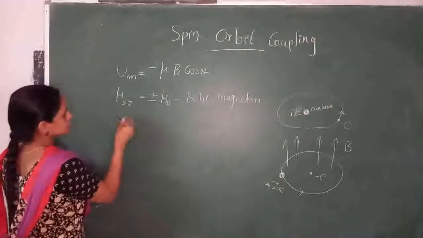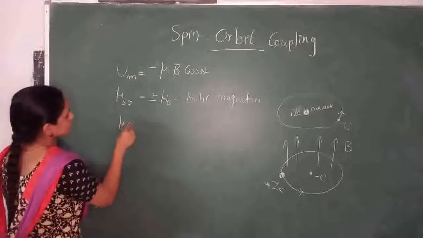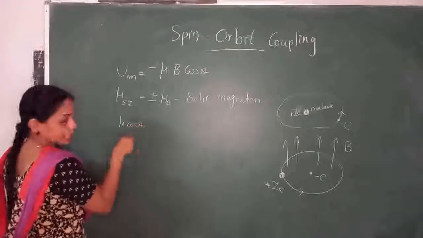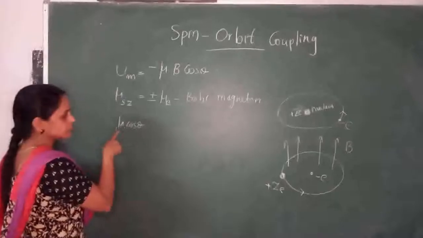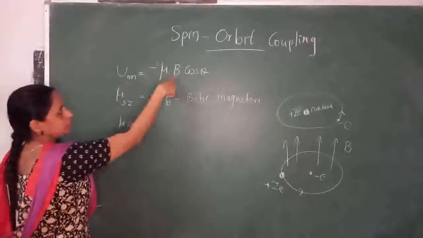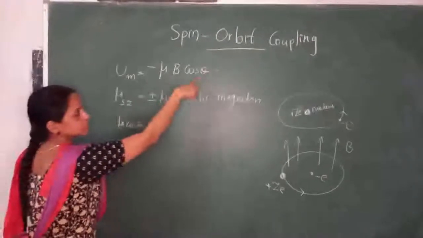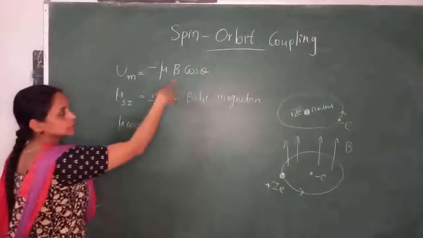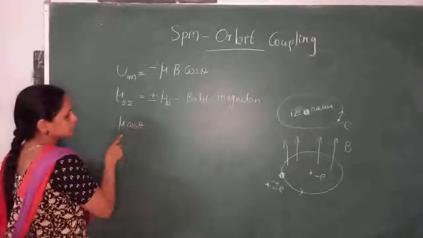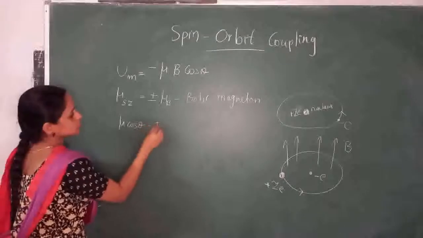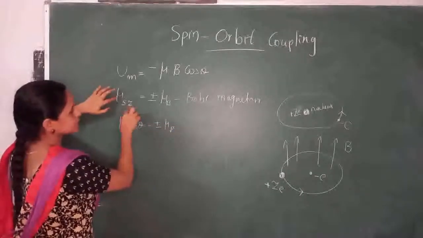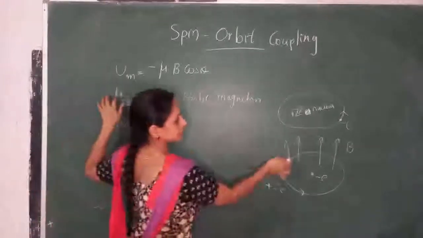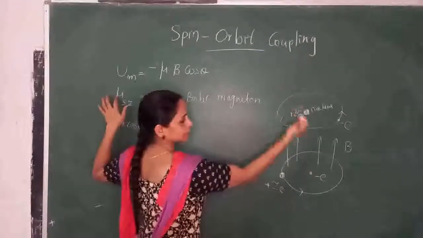And this mu cos theta is the component of the magnetic dipole moment along the B field. That is, mu cos theta is the component that is parallel to the B field. So mu cos theta can be written as plus or minus mu B, because this mu s z is in the z direction, and the magnetic field is in the z direction, the upward direction.